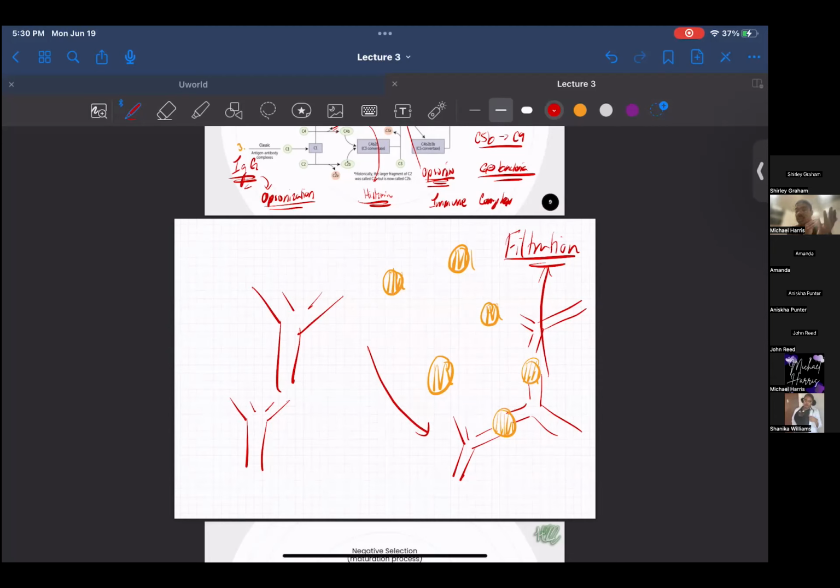Okay. So you're essentially making immune complexes, once again, whenever you have antibodies binding antigens. Whenever you got antibodies binding antigens, you form immune complexes. This can happen in a huge variety of infections.